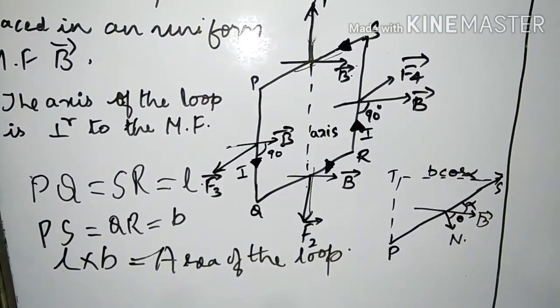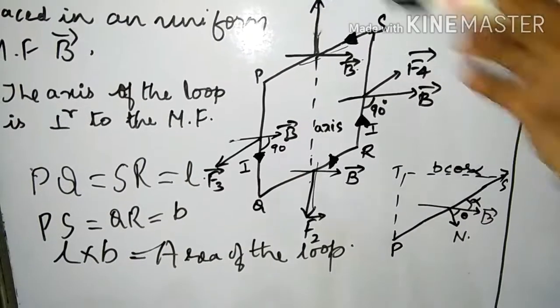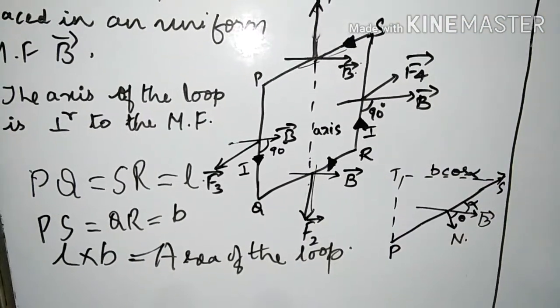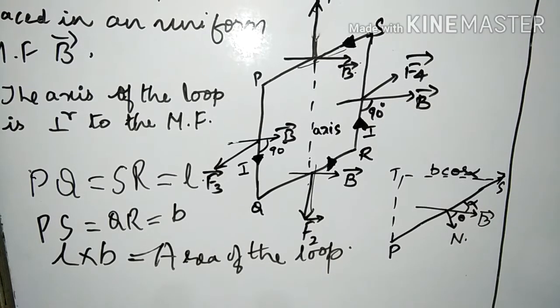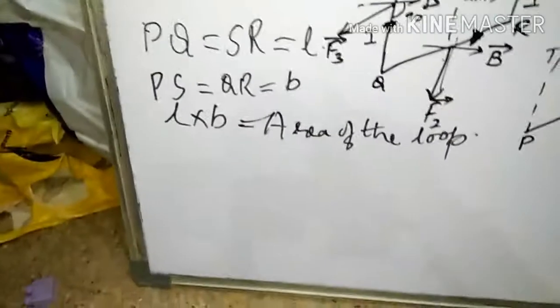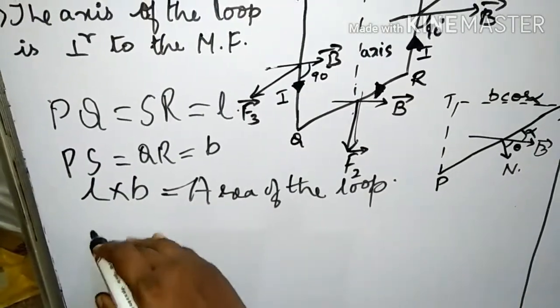Now there are four forces here. F1 and F2 are equal. First we will see the force acting on QR.